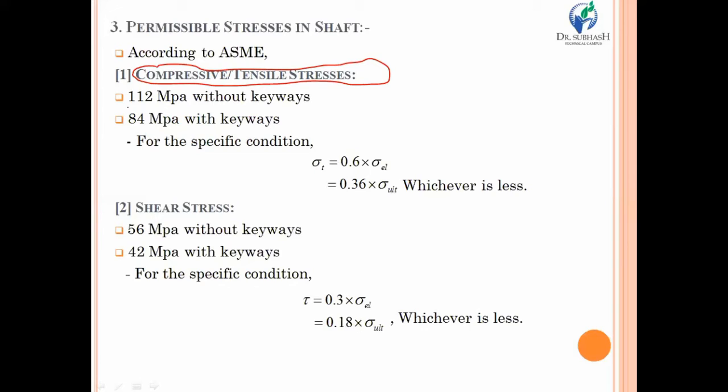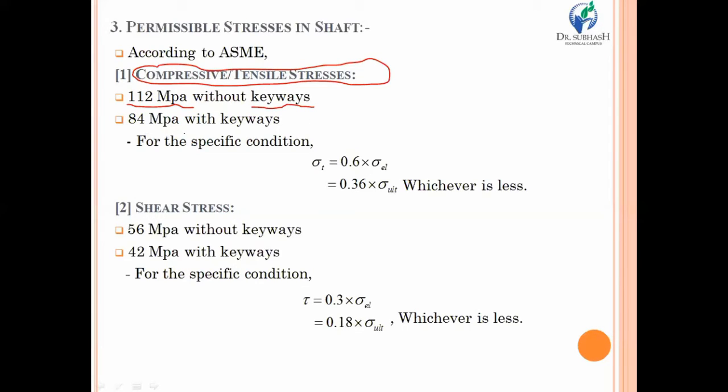Here, ASME has specified that 112 megapascal is the compressive permissible stress you should take, but only when there is no keyway. That means the shaft has no slot on its outer periphery for a keyway.